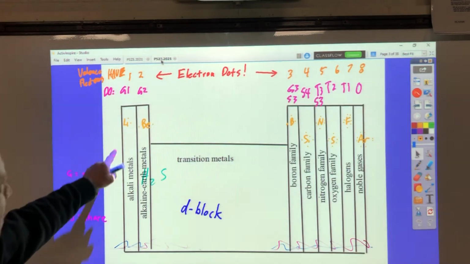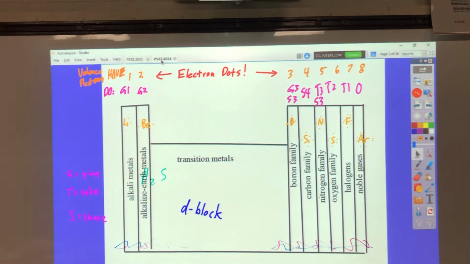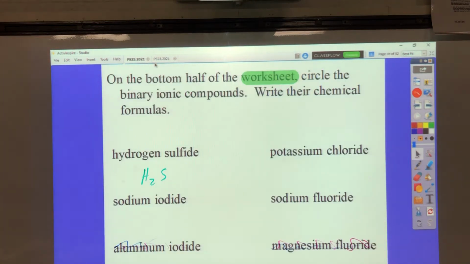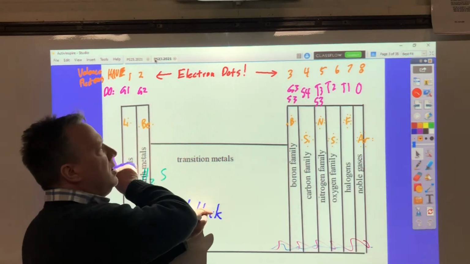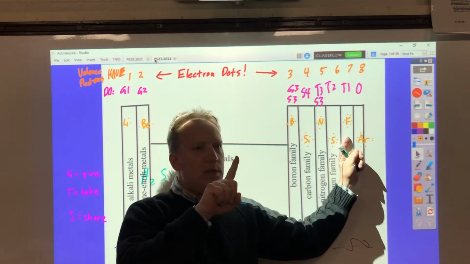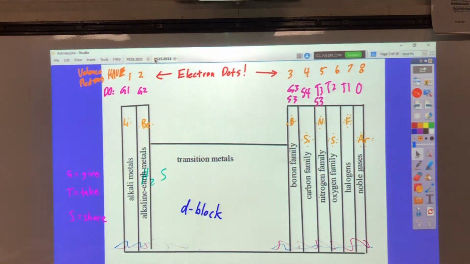Potassium chloride. Potassium is about here. It's right under Li, a couple positions. Chloride is over here under fluorine. So this gives 1, its oxidation number is +1. This takes 1, its oxidation number is -1. It's a match. It's just LiCl.